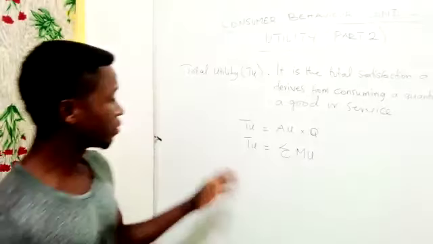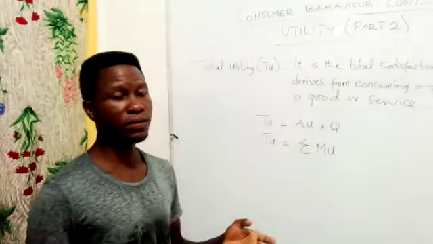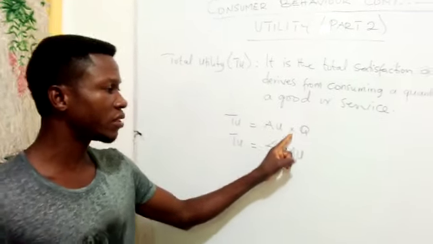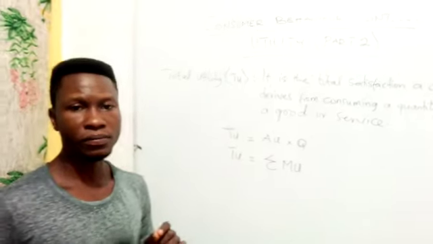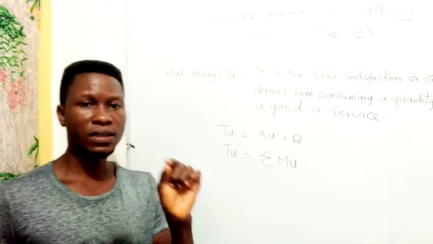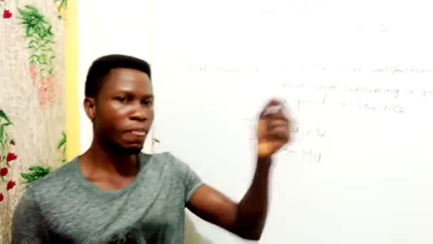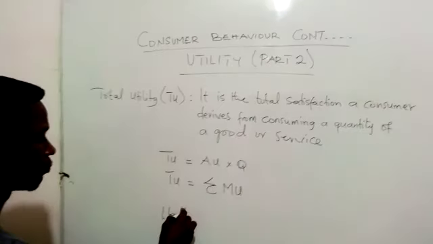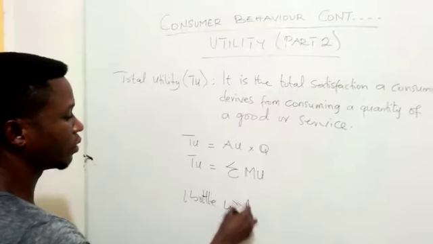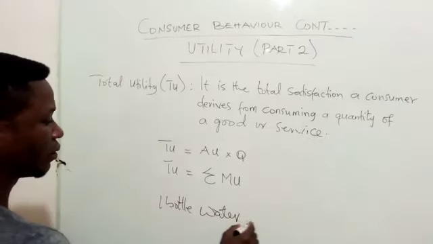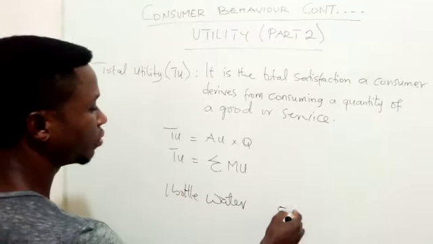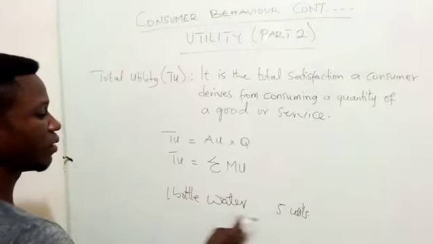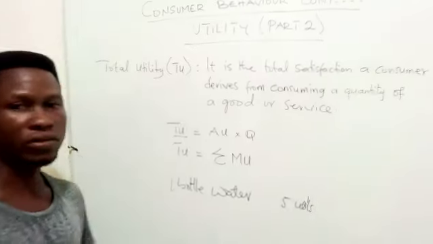Is that okay? And then we said, how can we calculate total utility? Total utility, TU, is equal to average utility multiplied by the quantity consumed. The average utility is the satisfaction per unit. So if I buy one bottle of water and I am deriving 5 utils, then if I multiply this by this, I get my total utility.